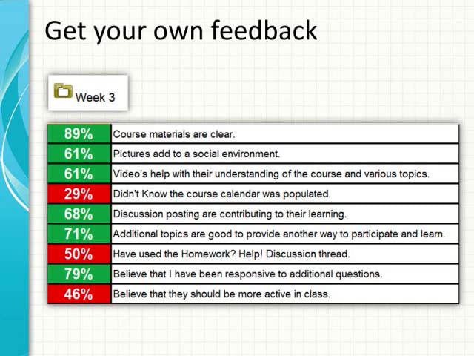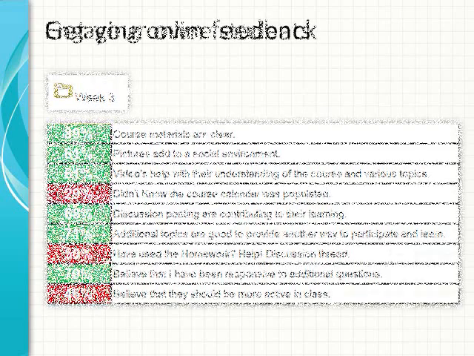I also find that students believe me to be responsive to their additional questions, and then I ask them something reflective, and nearly half the class believe they should be more active. So a survey like this helps me understand what's effective and how to tune my different mechanisms.